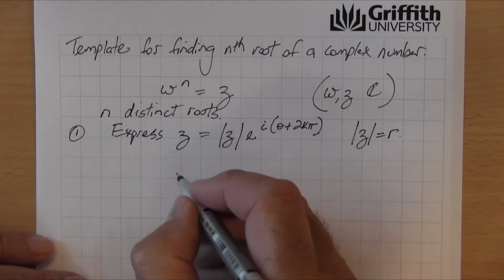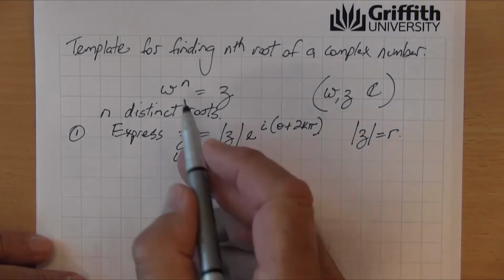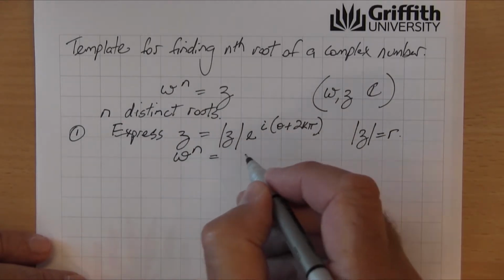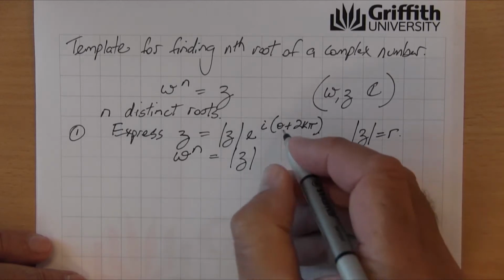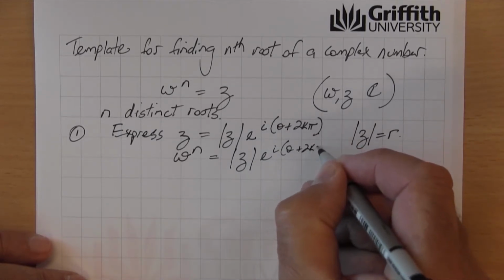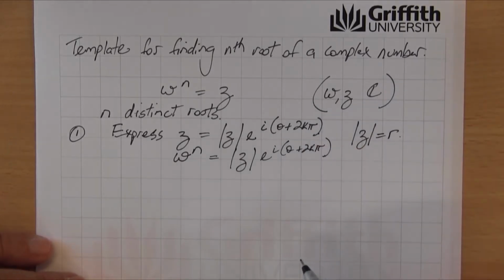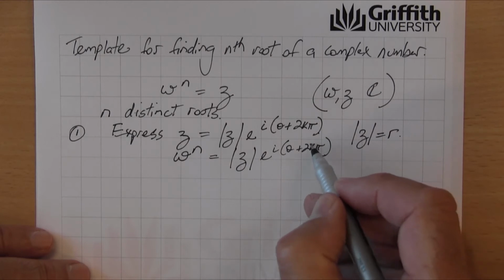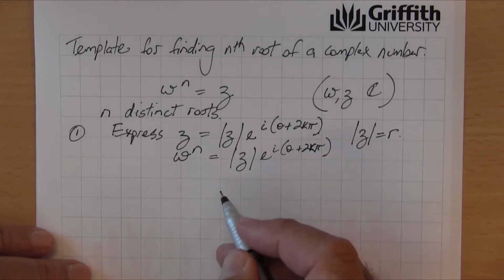So we've got w to the n equals mod z e to the i theta plus 2k pi, k being an integer.